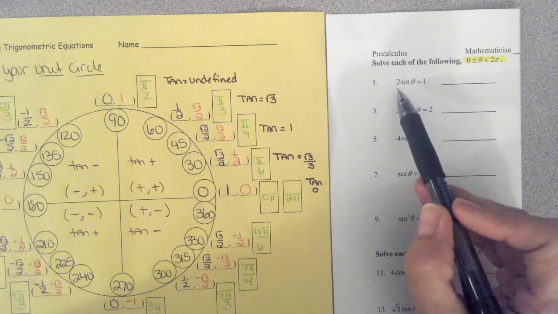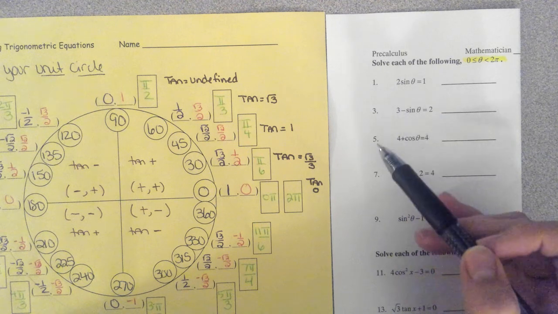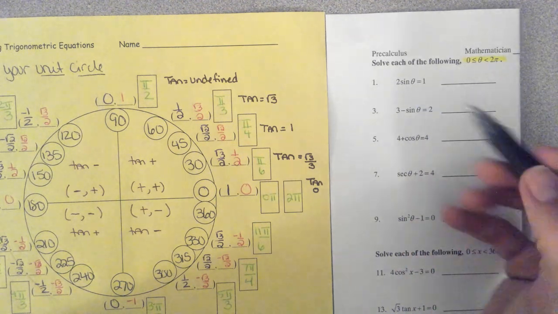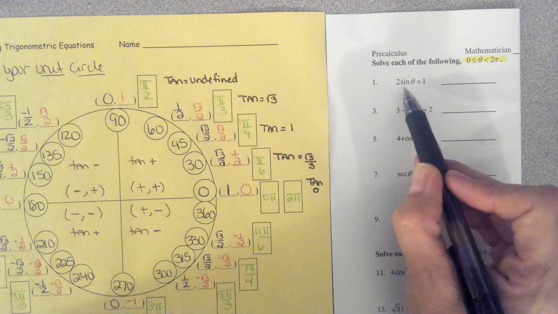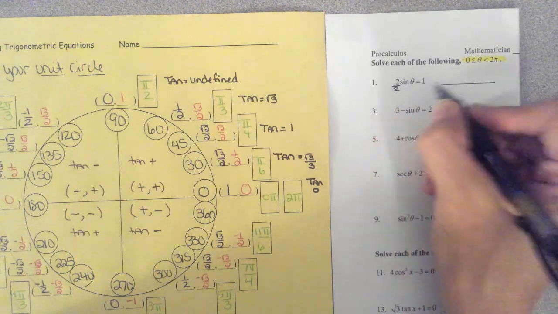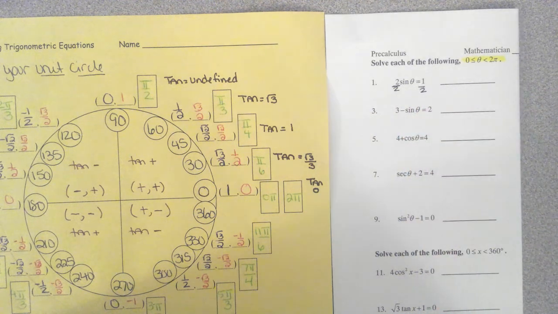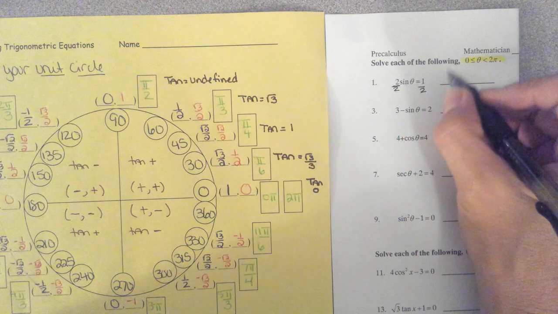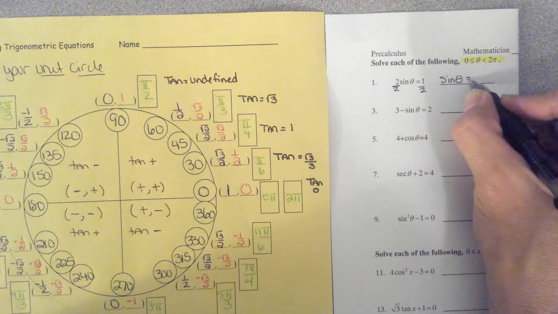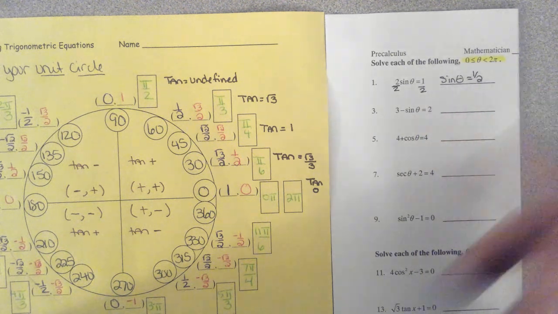So on number 1, it says 2 sine theta equals 1. If I asked you to solve an algebra 1 problem just like this and said, how could you get sine theta all by itself? Most people would say, oh, you're just going to divide by 2. So I'm going to divide by 2, and after dividing by 2, I end up with sine of theta equals 1/2.